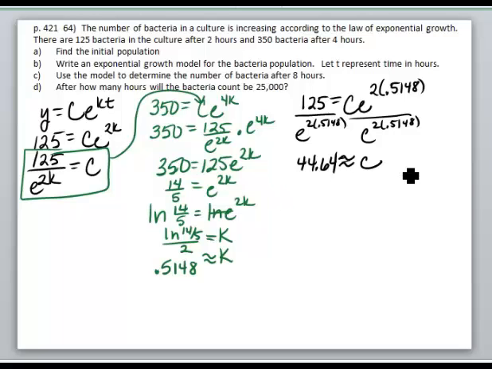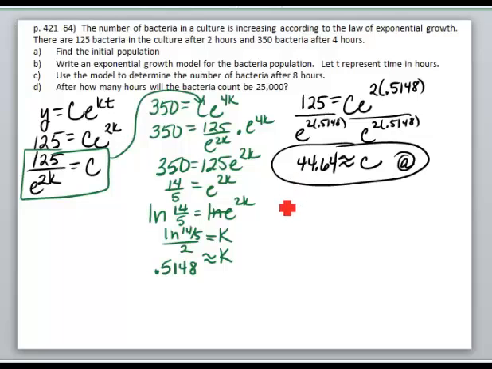So I have found part A. That was my initial population. Part B says write an exponential growth model for the bacteria population. That would just simply be y equals my initial 44.64, e to the k, my k value we found to be 0.5148, and then t is how the time is changing.